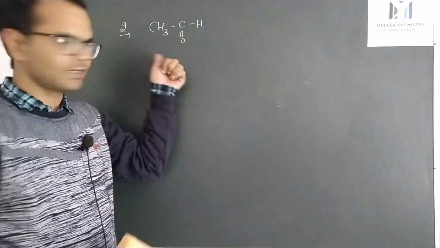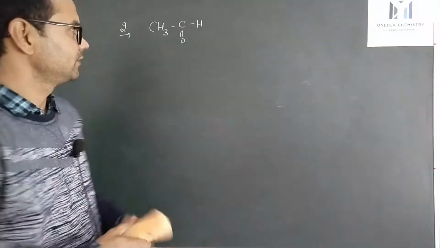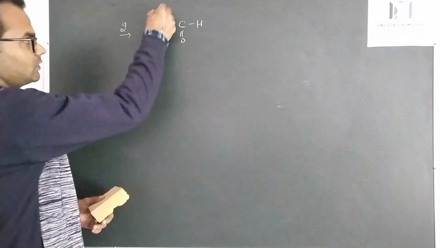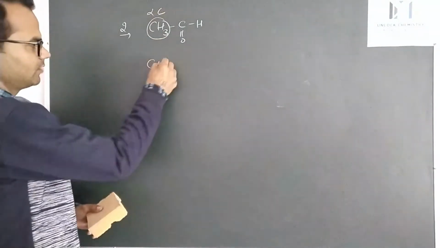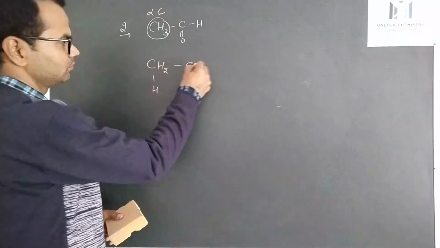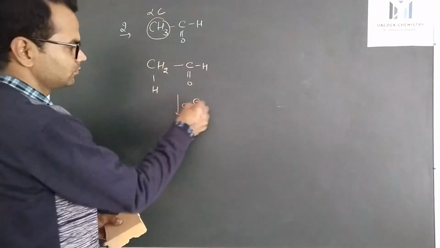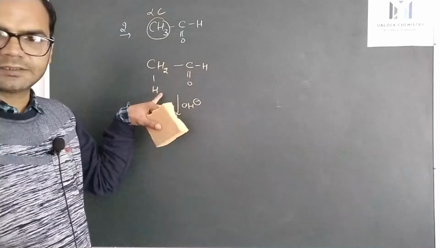This is acetaldehyde. What will be its tautomers? We will understand again. Again we have an alpha carbon and 3 alpha hydrogens are there. So we can start the mechanism. In the presence of base, it will abstract this hydrogen.